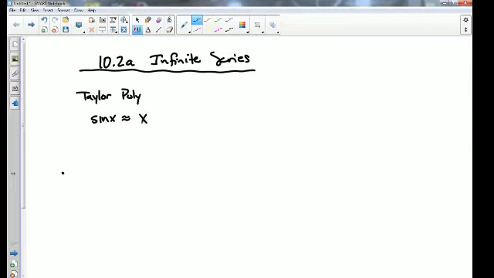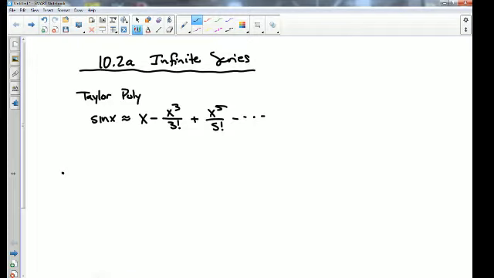It's x minus x cubed over 3 factorial plus x to the 5th over 5 factorial, minus yada yada yada, right? Okay, that's a Taylor polynomial of degree 5, correct?